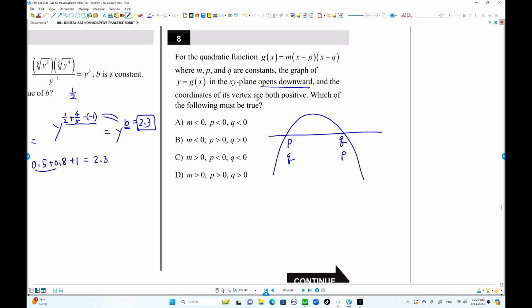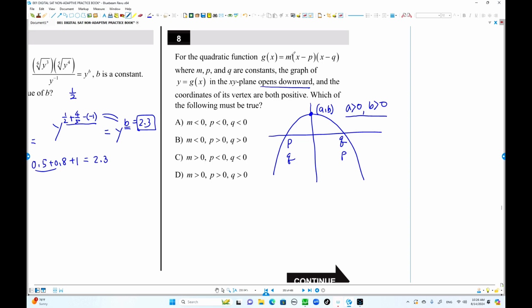Okay, the coordinates of the vertex are both positive. This is the vertex in here. Vertex coordinates, I'm gonna use a and b. A is positive, b is positive. That's the equation, right? So based on this information, which of the following must be true?